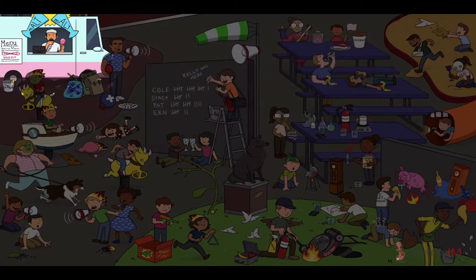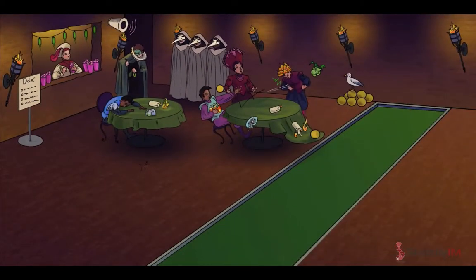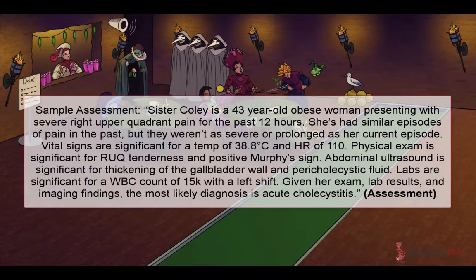Let's summarize the classic presentation of acute cholecystitis in a sample assessment statement. Sister Coley is a 43-year-old obese woman presenting with severe right upper quadrant pain for the past 12 hours. She's had similar episodes of pain in the past, but they weren't as severe or prolonged as her current episode. Vitals are significant for a temp of 38.8 degrees Celsius and heart rate of 110.